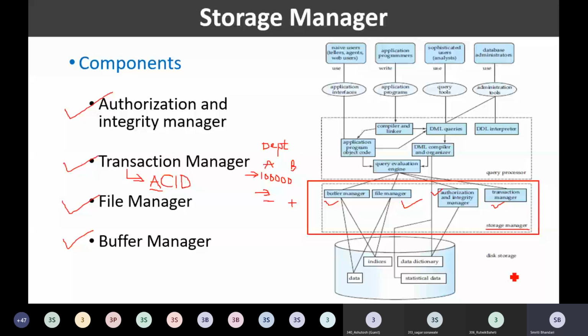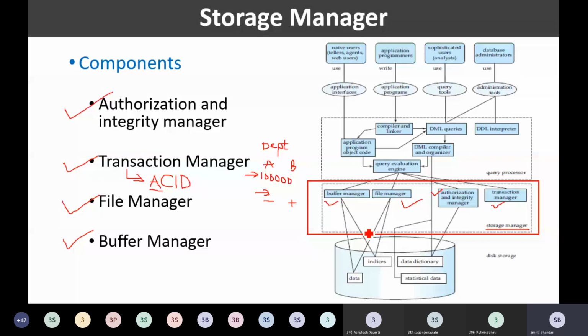That is why we need to bring the appropriate part of the data from the disk storage into the main memory. And who is responsible for this movement of the data from disk to the main memory? Here comes the role of buffer manager.